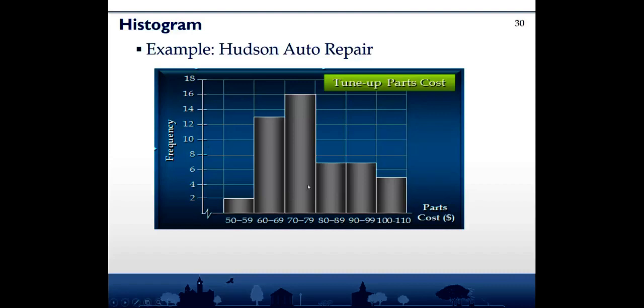For the Ch02 example, this is the histogram. Here the height gives, in this case, frequencies for each class.